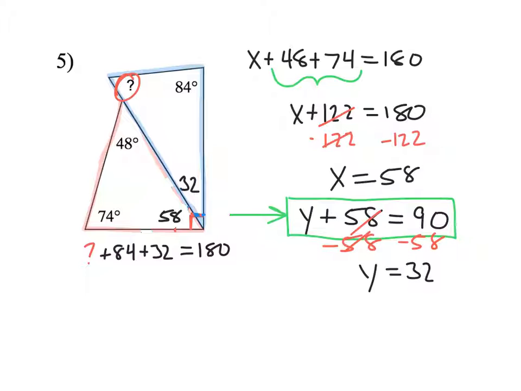And going through, combining like terms, 84 plus 32 gives me 116. So that question mark plus 116 is 180. We want to subtract 116 from both sides. Therefore, our missing angle, the question mark, 180 minus 116 gives us 64 degrees.